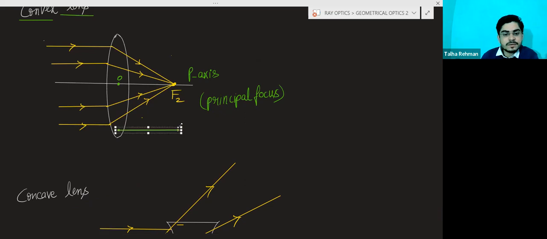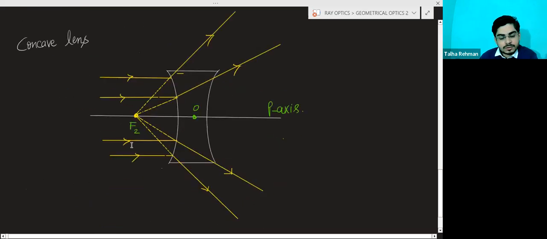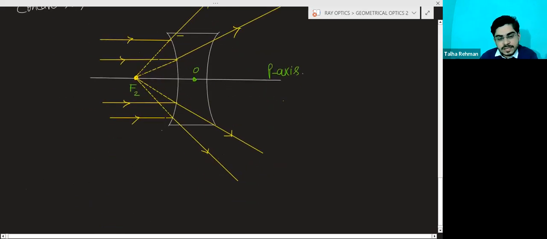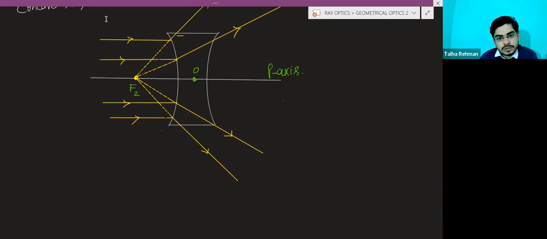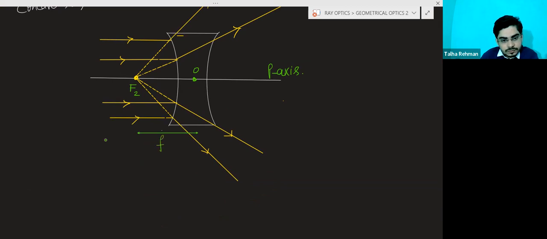F2. Okay. F2 is the focal length. In this case, what is the focal length? Distance between the optical center and the focus. So you can say distance from here to here will be the focal length. This will be F2.